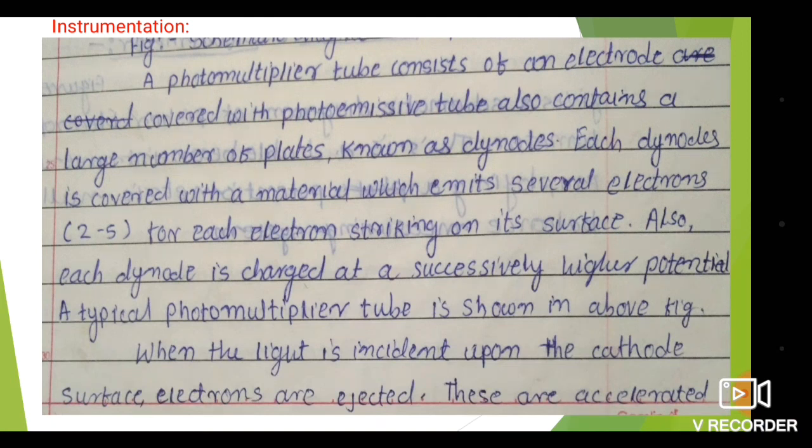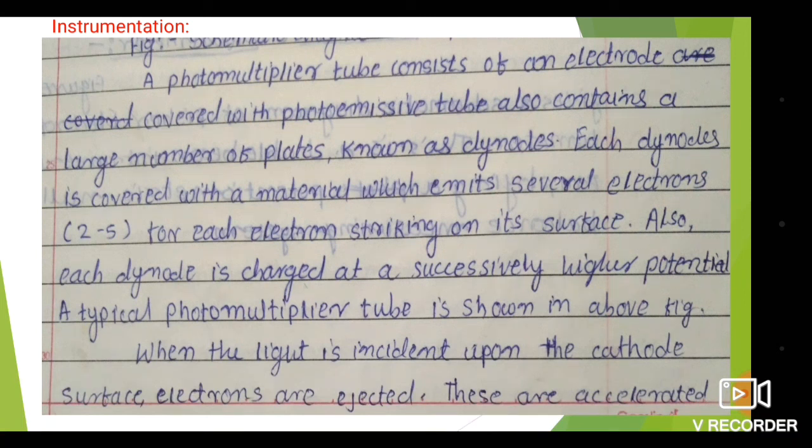This process is done several times, and this instrument, the photomultiplier tube, contains about 10 dynodes, and each dynode is maintained at 75 to 100 volts more positive than the preceding dynode, and it multiplies the number of electrons. An amplification factor of about 10 to the power 6 can be achieved, as the output of the photomultiplier tube is only several milliamperes.